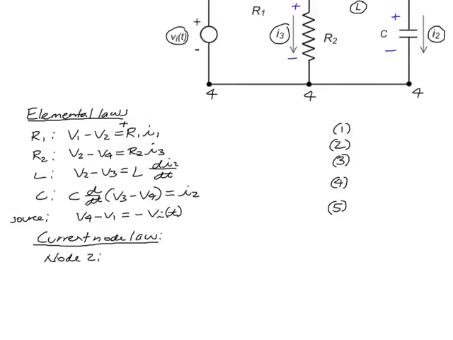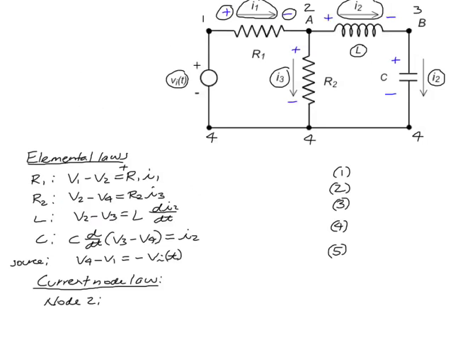I'm going to scroll back up so we can see node 2. In node 2, we look at I1 flows in and out flow I2 and I3. So this node law is equation 6.